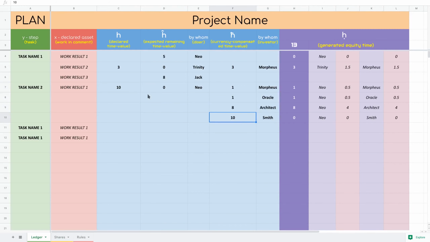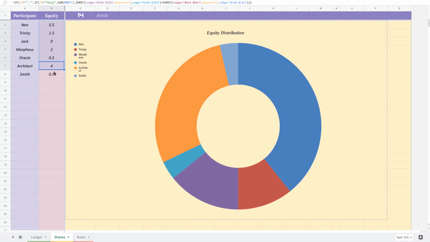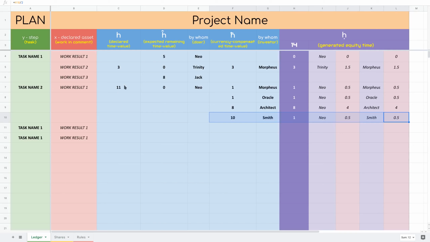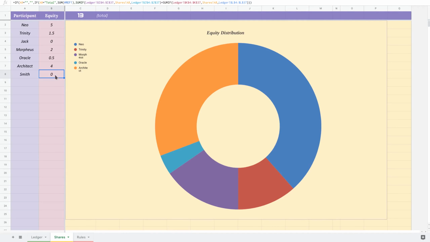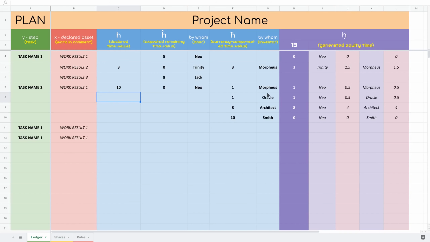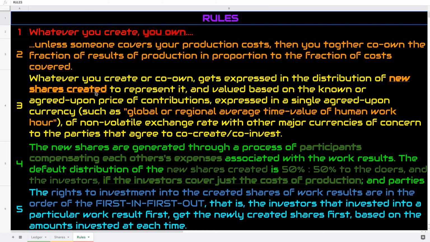Smith could only get additional shares if Neo would declare more, for example 11, and in this case Smith would get some shares, but otherwise Smith doesn't get any shares.